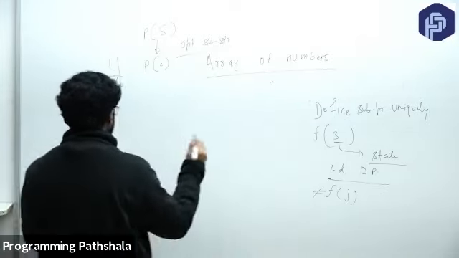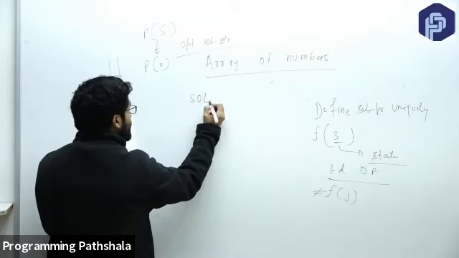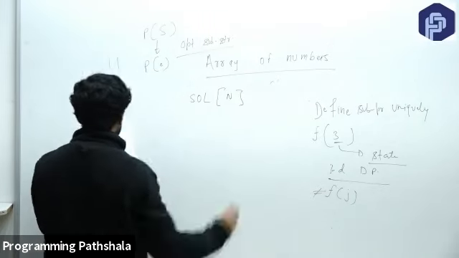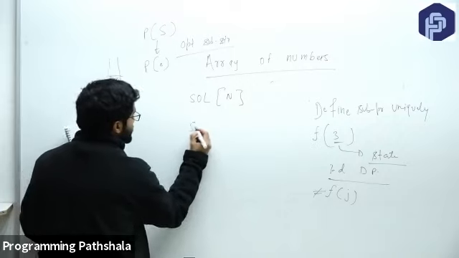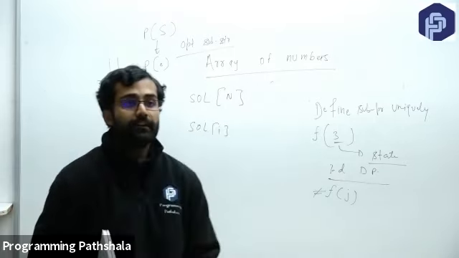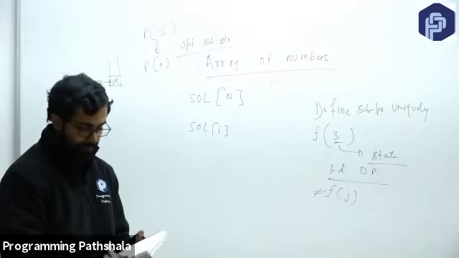Let's say I create a solution array of size n, and solution of i is going to store the value of the ith Fibonacci number, if at all I have solved that.